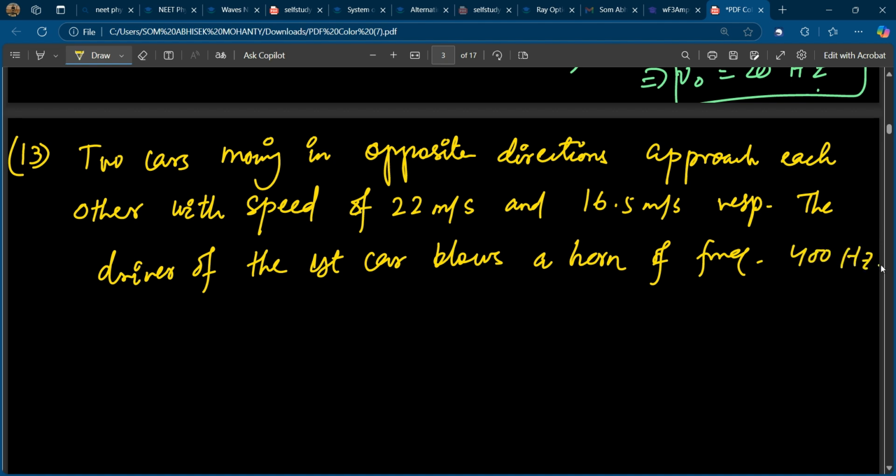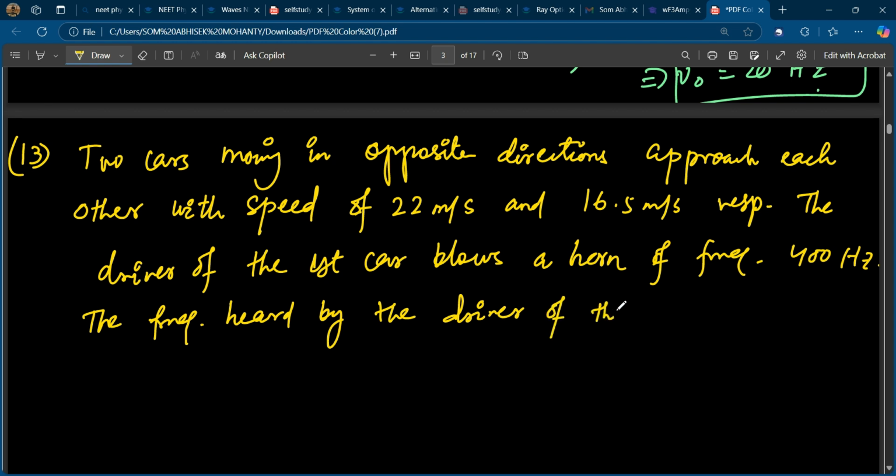The frequency heard by the driver of the second car is?